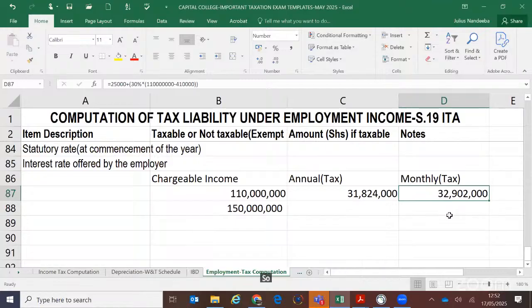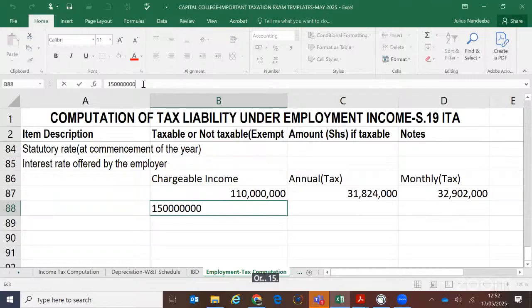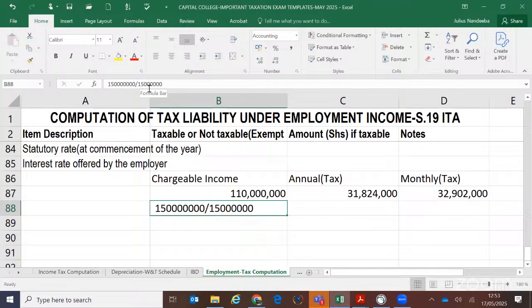So the second one who is earning 150 or 15, this one I must separate them. One is earning 150 million, another one is earning 15 million.